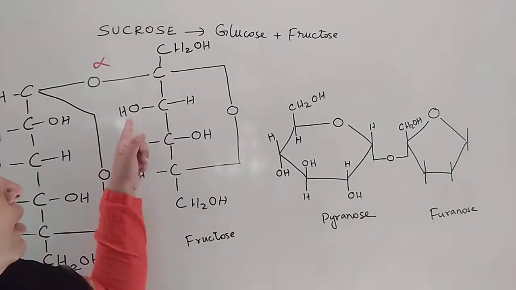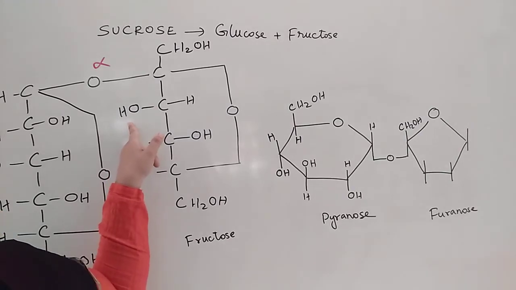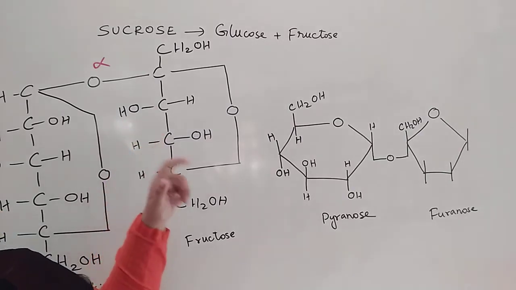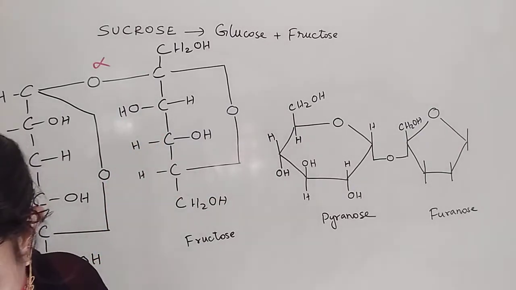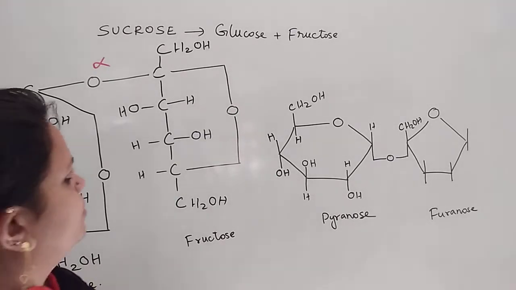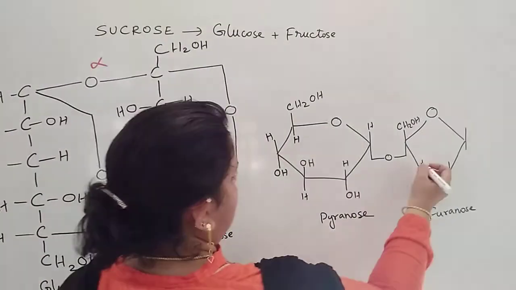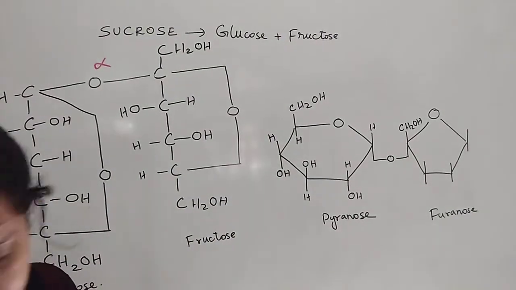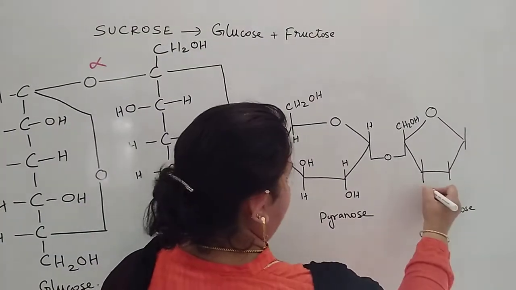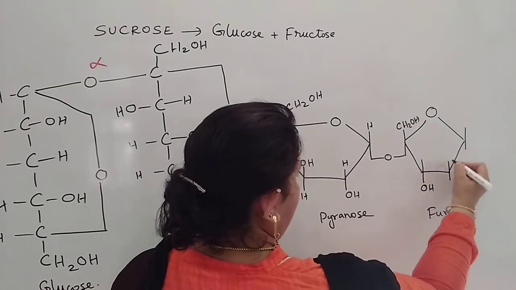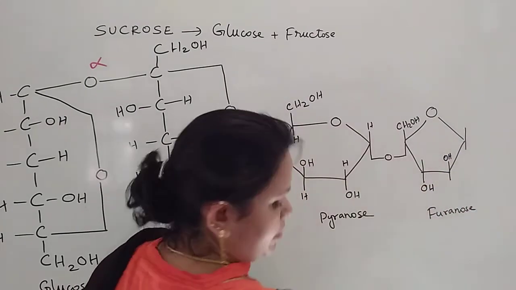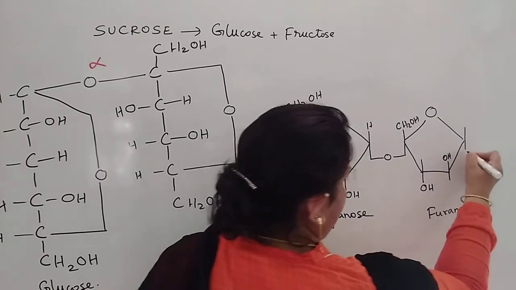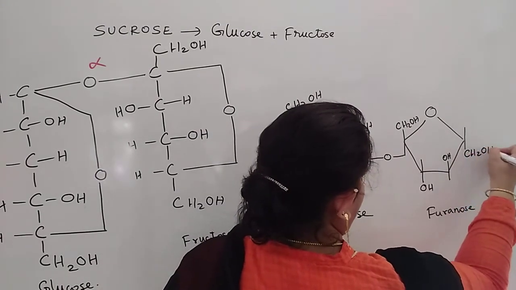Now we know that on the left hand side, the third carbon atom, here only there is a small difference in the structure. OH will be at the bottom and here the OH will be up, and the CH2OH will be down.